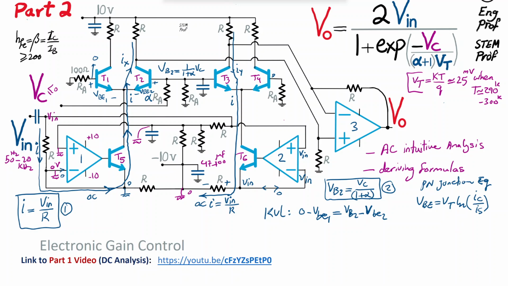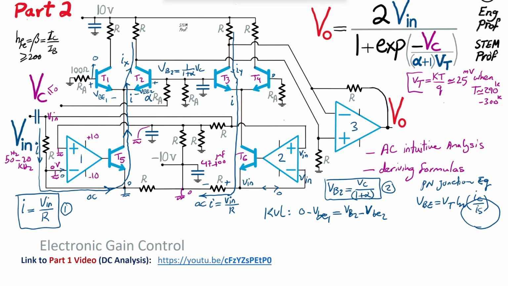A 10 to 15 degree change in the temperature of the junction of the transistor will result in a huge change, on the order of up to 5 to 10 times, in the value of IS. So we want to really get rid of IS.